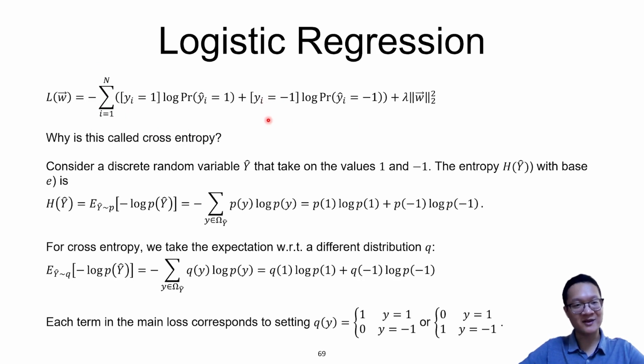Because of this, the cross entropy loss corresponds to choosing a Q of y which is equal to 1 if y equals 1 and 0 otherwise, or the other way, 0 if y equals 1 and 1 otherwise. If you make this choice, in every term of the sum, one of these will be 1 and the other will be 0.